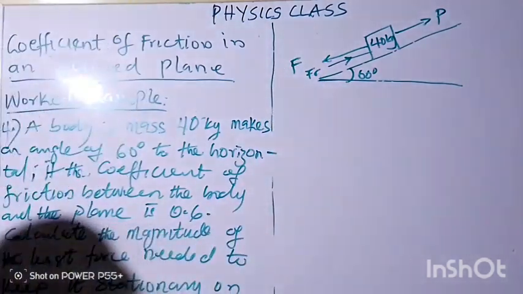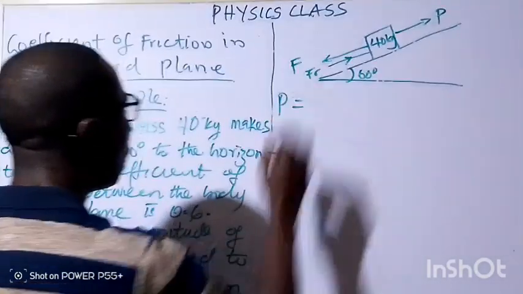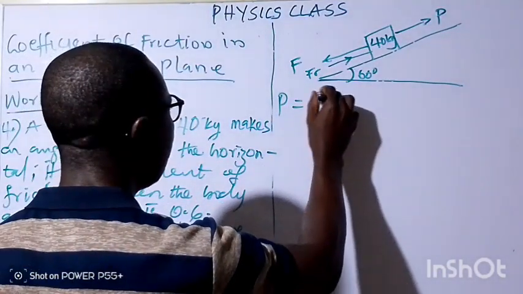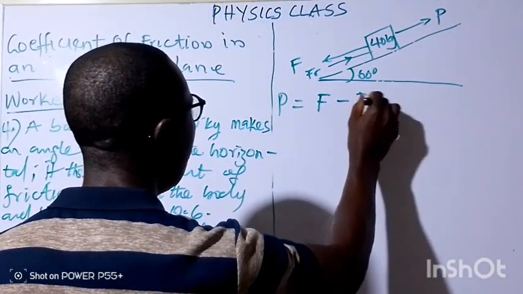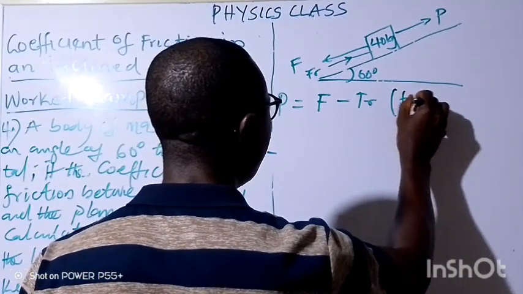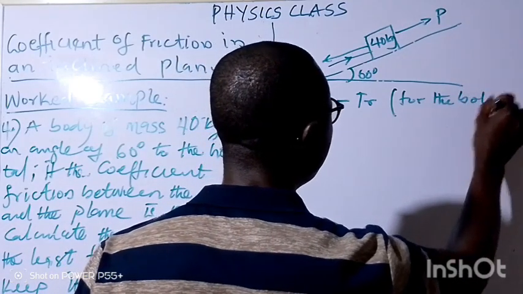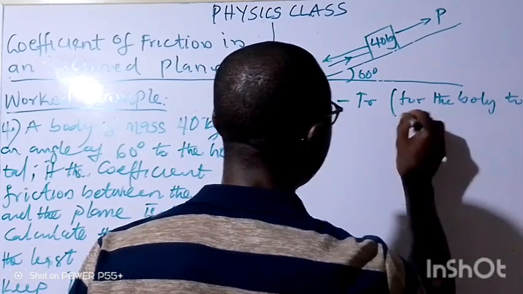So we have P will be equal to F minus FR, for the body to be stationary.